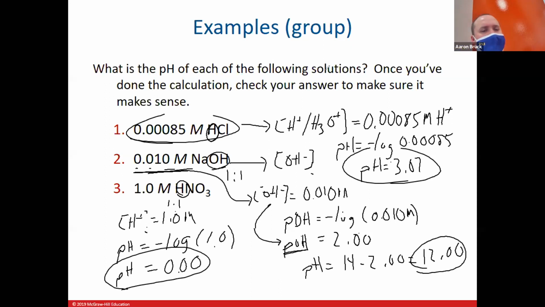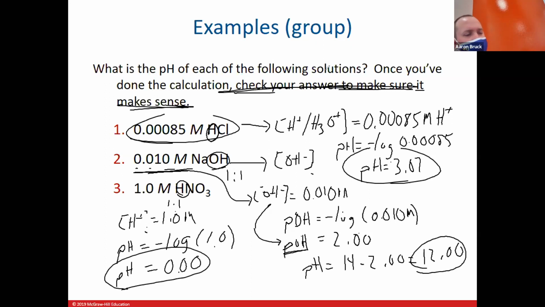Again, this is where that check your answer to make sure it makes sense business comes in. If I record a pH of 2, that would indicate a pretty strong acid solution. Well, this is sodium hydroxide, which we know to be a base. So we'd expect it to have a pretty strong base pH. So if I come up with 2 for a pH of a base, I know I've made a mistake somewhere. Most likely mistake is that I'm interpreting pOH as pH, and I need to subtract from 14.